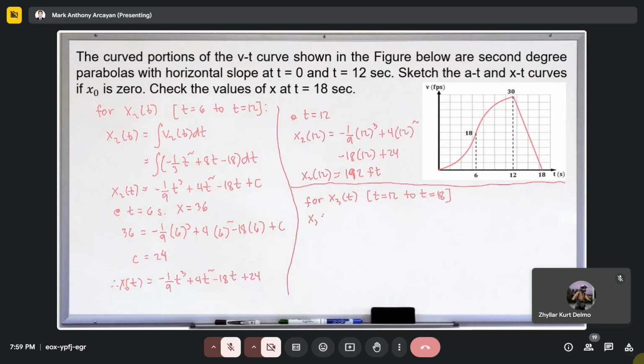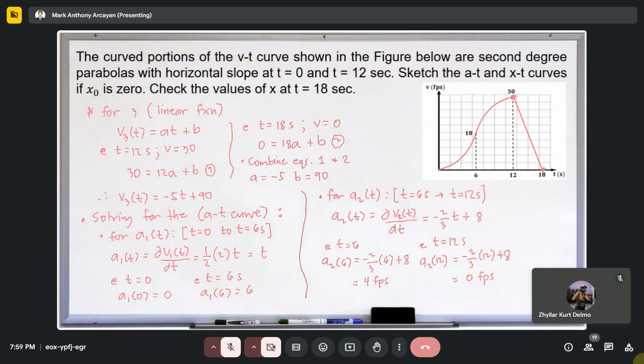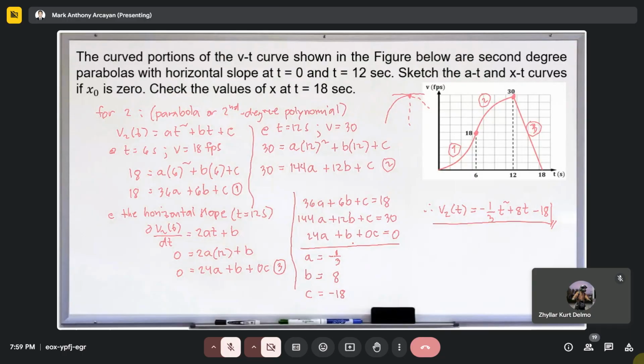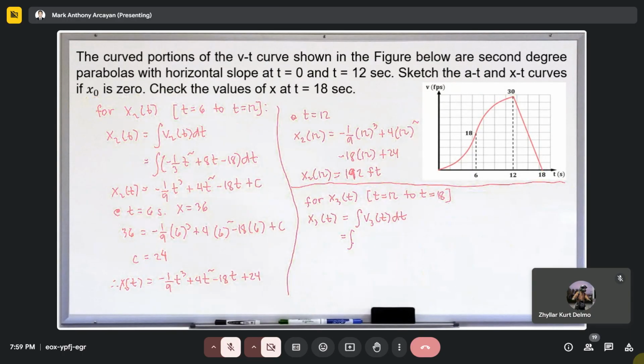We have x sub 3 of t equals the integral of v sub 3 of t dt. For v sub 3, we have negative 5t plus 90, so negative 5t plus 90 dt.